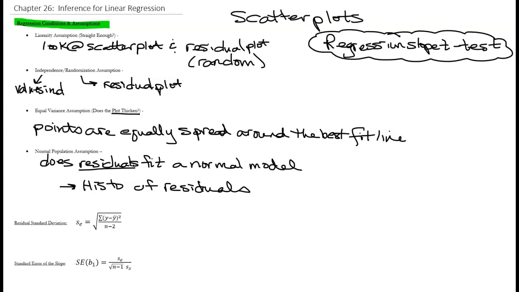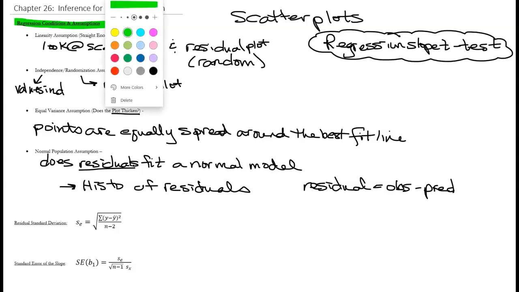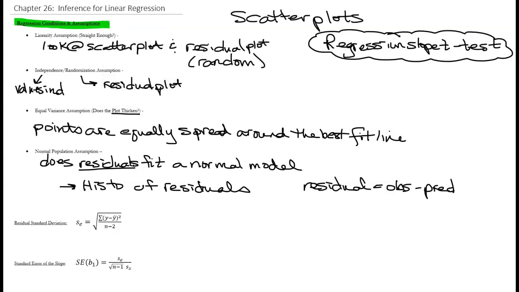Remember, we used our calculator to do this. Our residual formula is observed minus predicted. So that's our formula for residuals. It's observed minus predicted. The formula is down here.